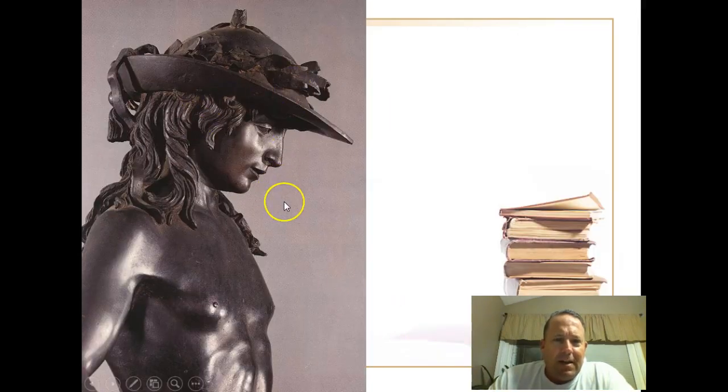If you look at his face, he's got long hair. He looks kind of adolescent, as you would expect from the story in the Bible. But he has a shepherd's hat, and he has what are known as laurel leaves. And laurel leaves throughout history have symbolism.